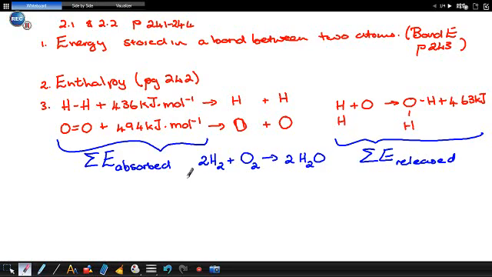So actually the 436 kilojoules must be multiplied by 2. So it's 2 times 436 for breaking the bonds in hydrogen, and it is 494 for breaking the bonds in oxygen. That is where they get the total energy absorbed equals.